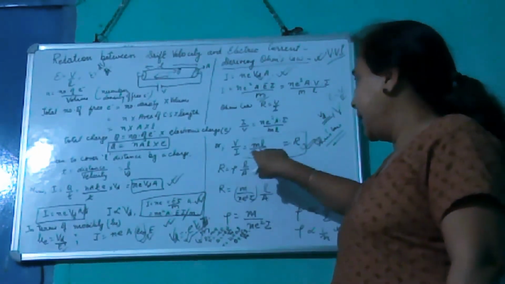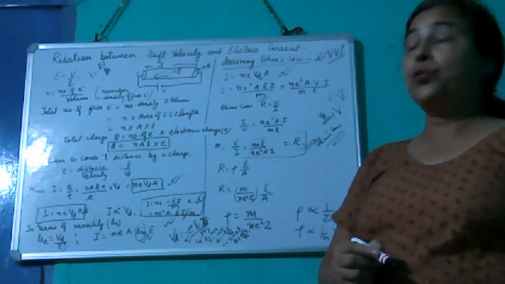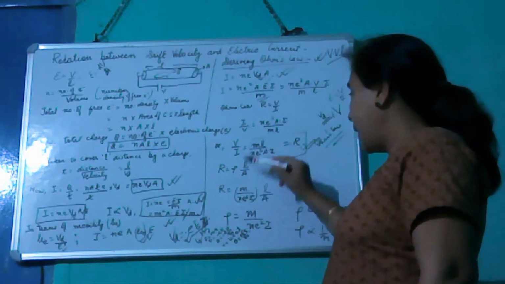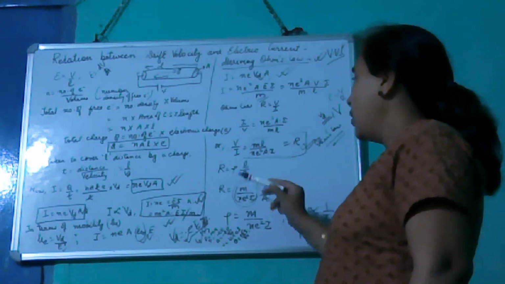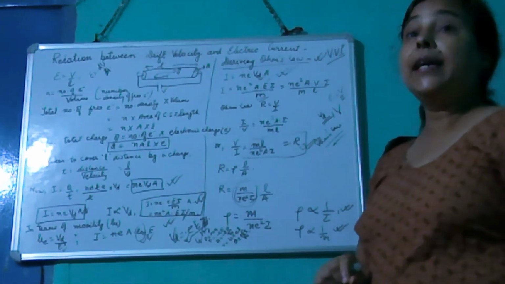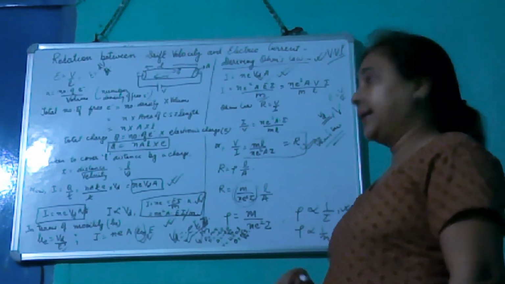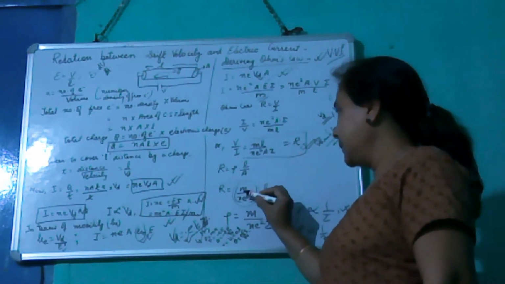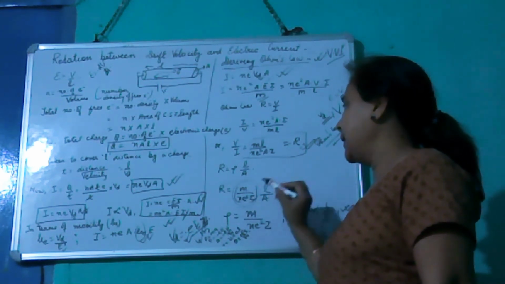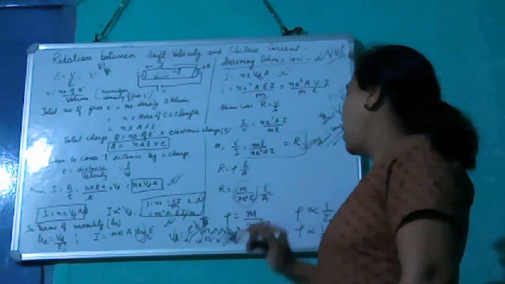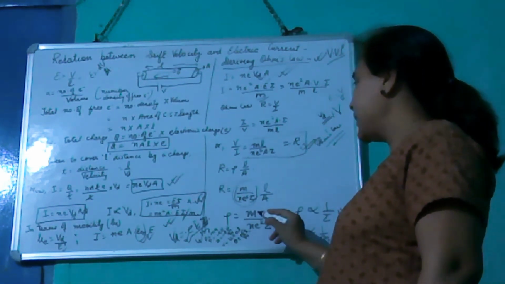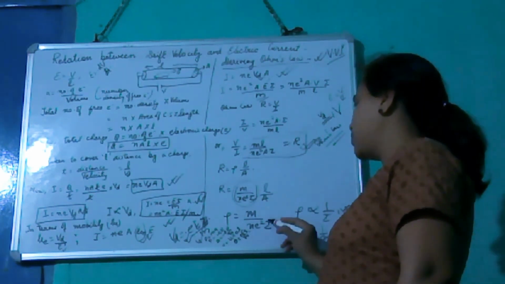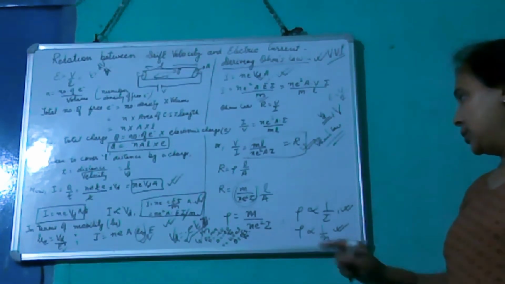Now here what we can do, R is equal to rho L upon A. So rho is this physical quantity, the resistivity of a given wire or conductor. Rho is m upon n e squared tau, into length upon length into area. So rho is m upon n e squared tau.